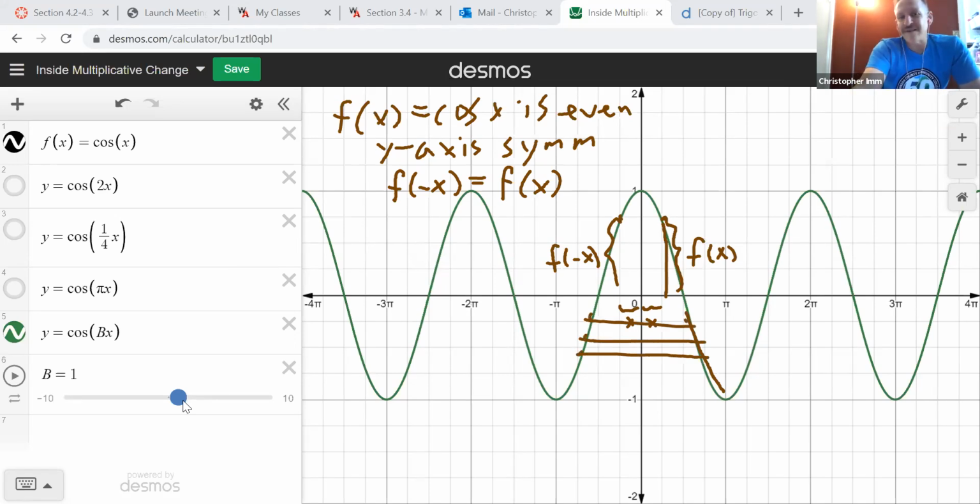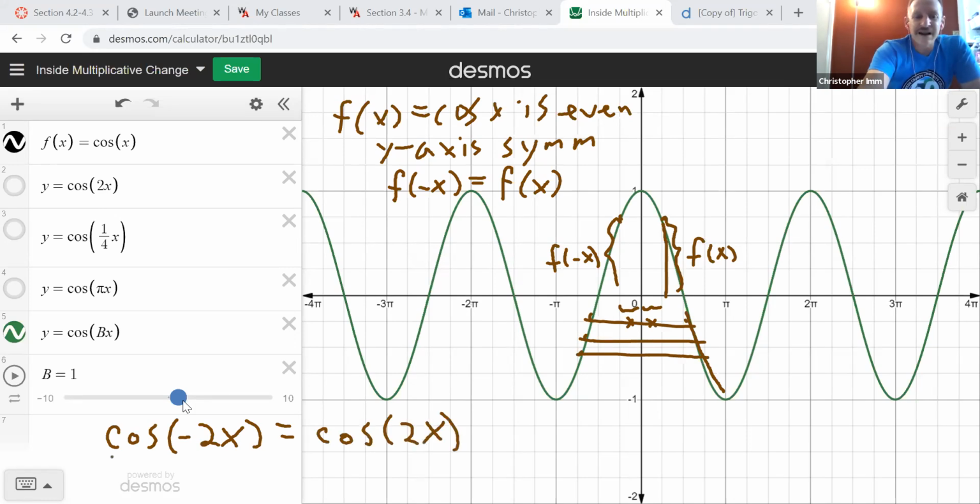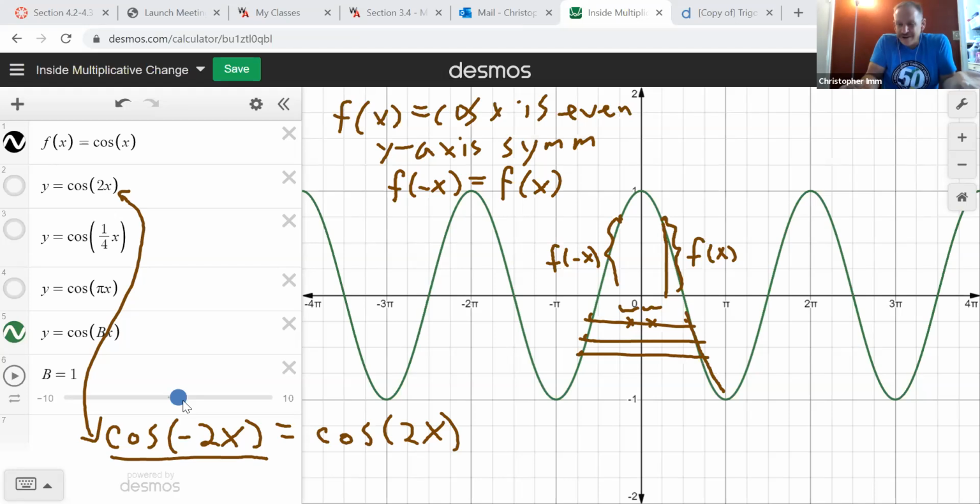So what that means is if I have, for instance, a cosine of negative 2x, I can replace it by a cosine of 2x. So this graph here will be exactly the same as that graph there because cosine is an even function. So I've doubled my productivity.